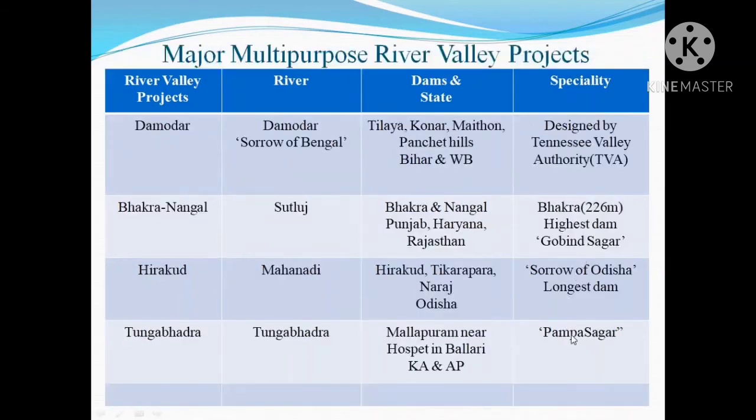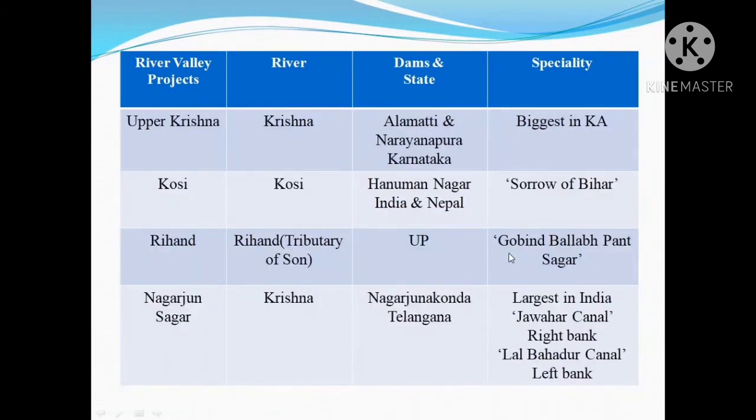Don't confuse. Here, Gobind Sagar, that is Sutlej river across the Bhakra Nangal Dam. That reservoir is called Gobind Sagar. And this one, Rihand, Gobind Ballabh Sagar. Yeah, and here again to control the flood and also prevention of soil erosion, inland fishing, irrigation, etc. are the main aims of this one.